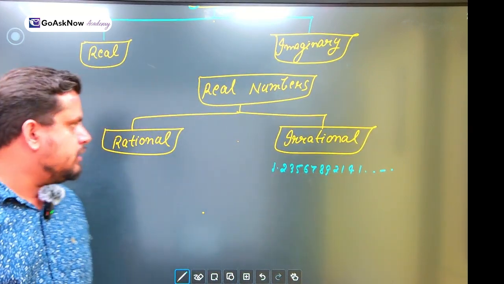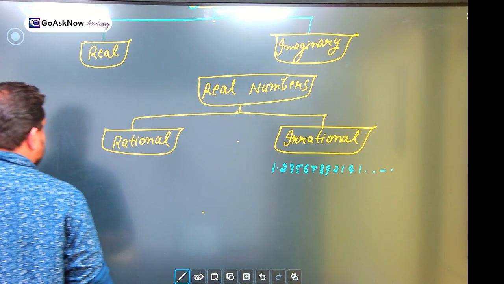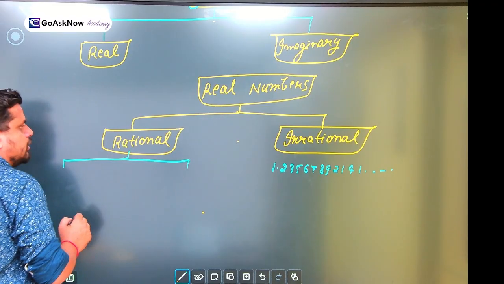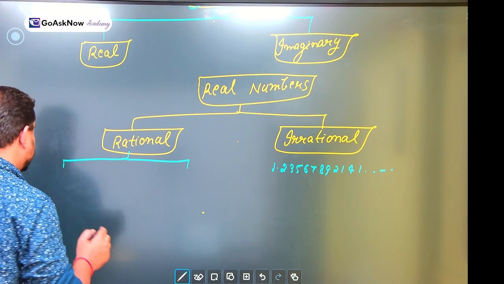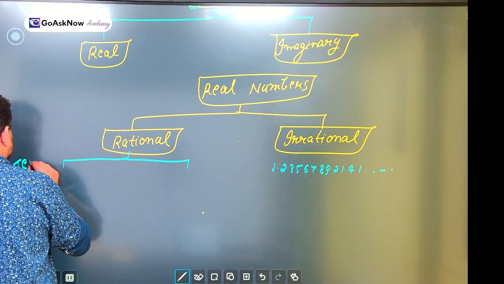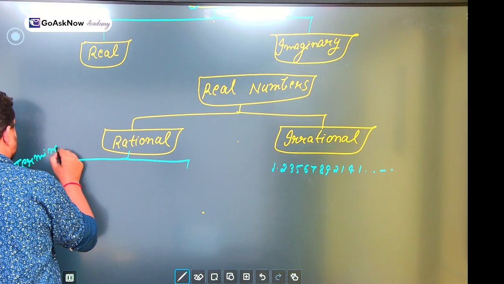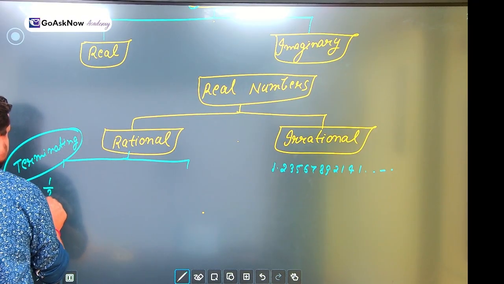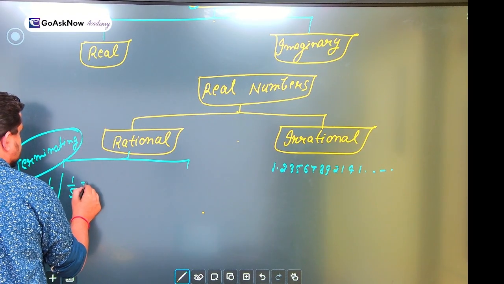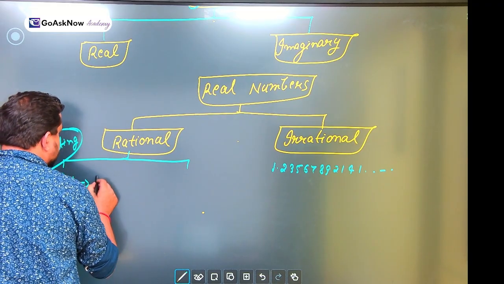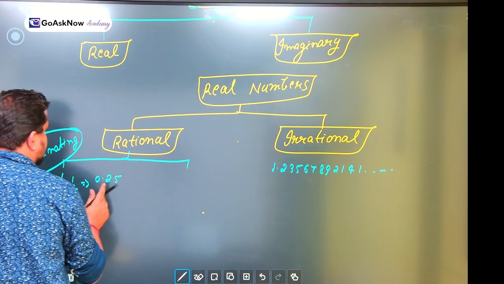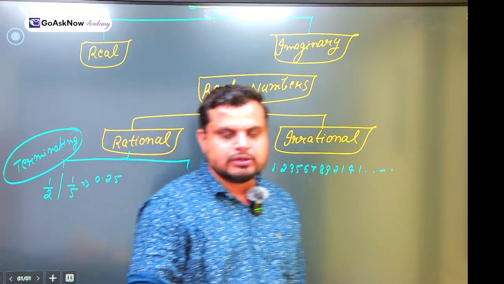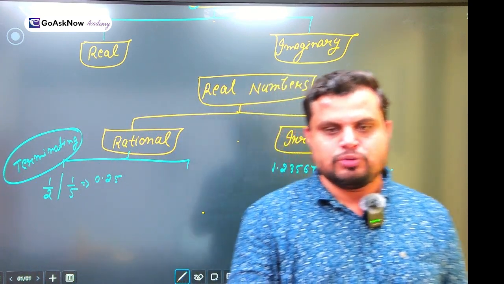But rational numbers are of two types. One is called terminating numbers, like 1 by 2, 1 by 5, that is, numbers which stop after a fixed point, like 1.257, 0.25, 0.225.